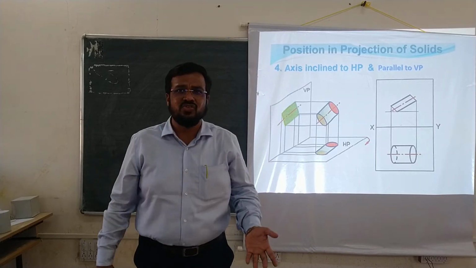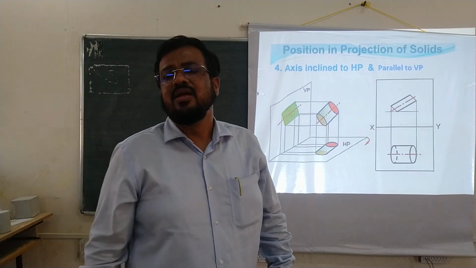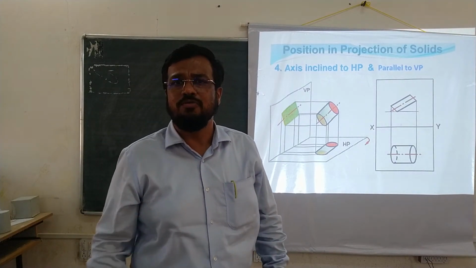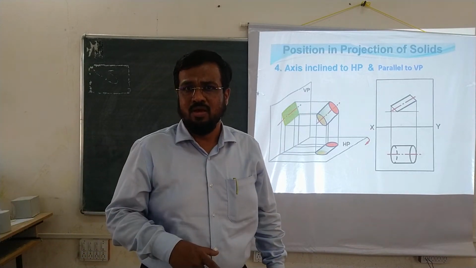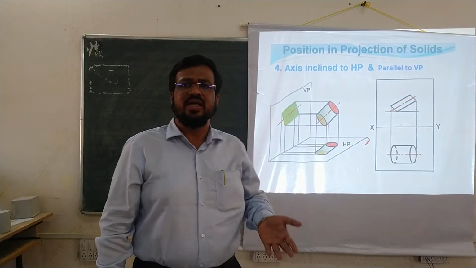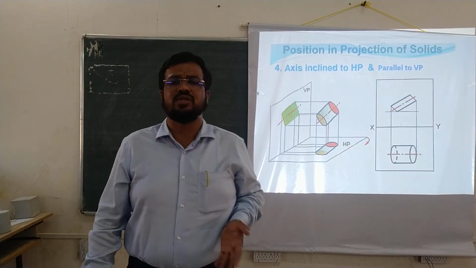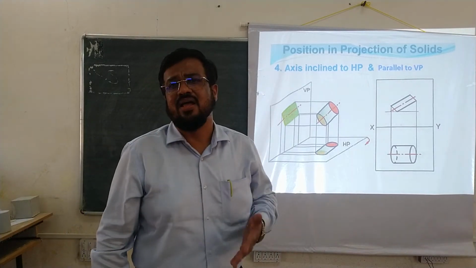So when the axis is inclined to HP, it is clear that the front view of this solid is going to show you the true length of the axis and the true angle of the axis. And naturally, when it makes an angle with the horizontal plane, it makes an angle theta.